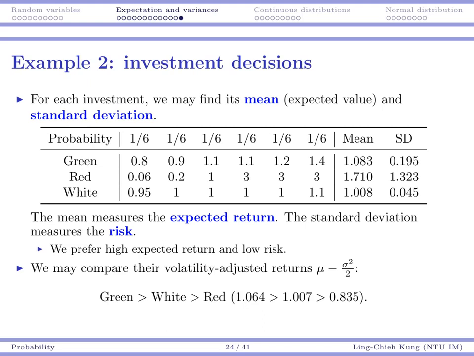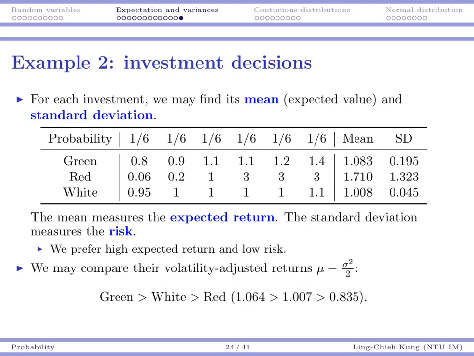And in the past, financial researchers said that we have something called volatility adjusted returns, which is this formula, mu minus sigma squared over 2. So I take the mean, take the variance, and plug them into this formula. I'm going to get one single number that can measure the volatility adjusted return.